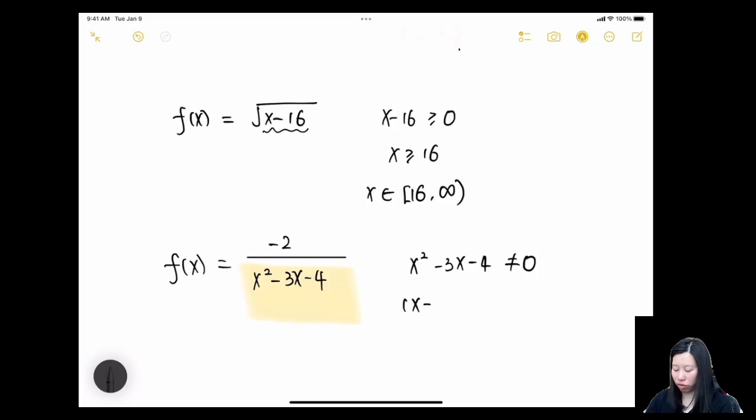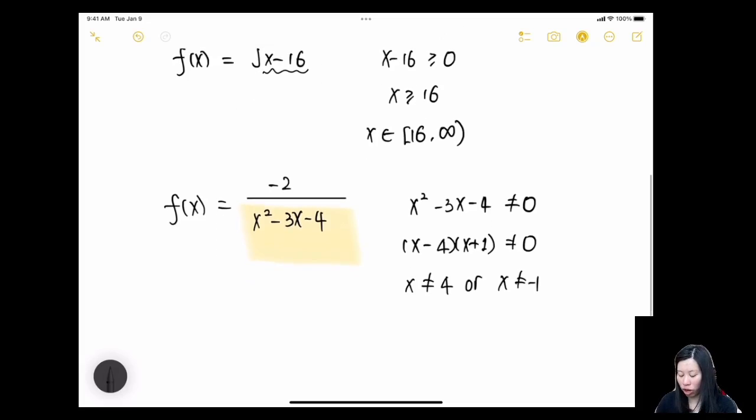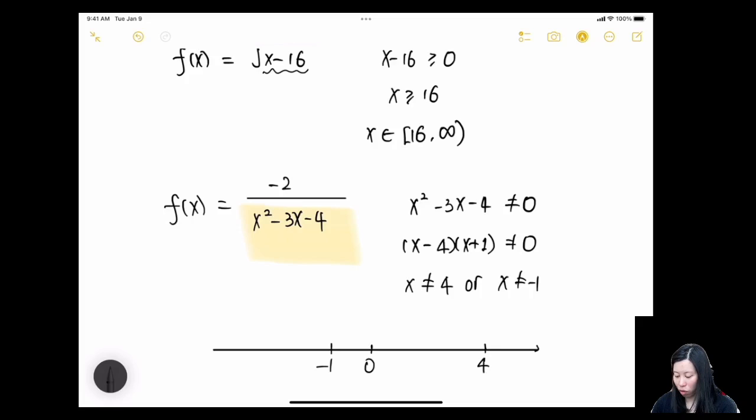So we use the AC method to factor it. So this is not equal to 0. When we solve it, we have x not equal to 4 and x not equal to negative 1. So if you draw it on the number line, you will have negative 1 and 4.